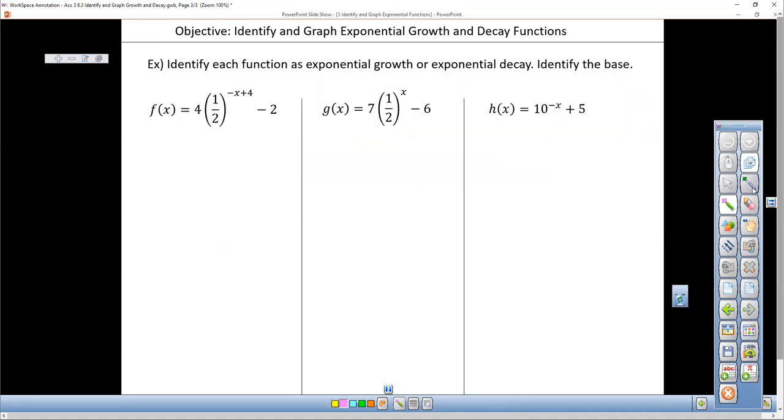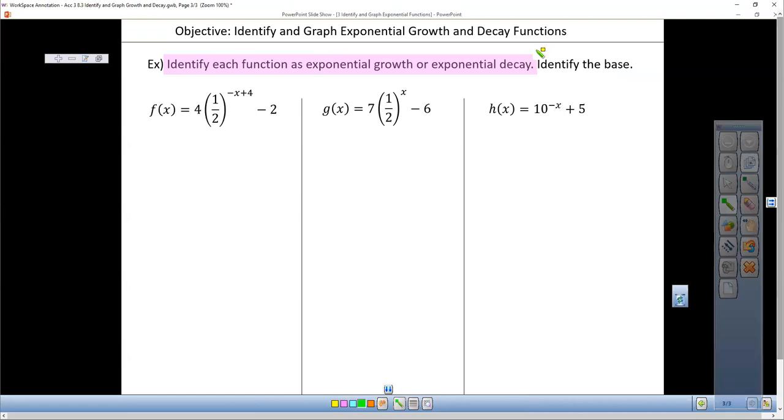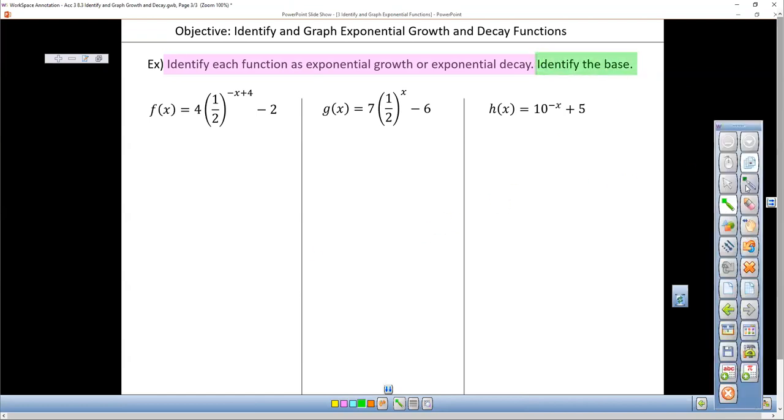All right, so in these examples, we are going to look at identifying whether we have growth or decay, and then also including the base in that, which will basically be our justification also for whether we have growth or decay. So let's take a look at this first function over here. f(x) equals 4 times (1/2) to the power of negative x plus 4, minus 2.